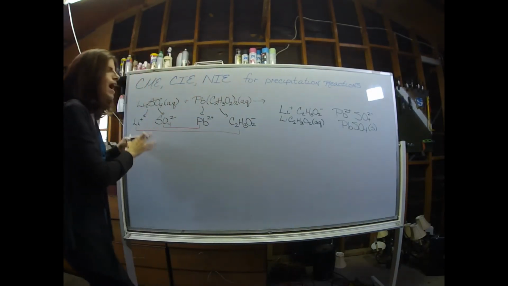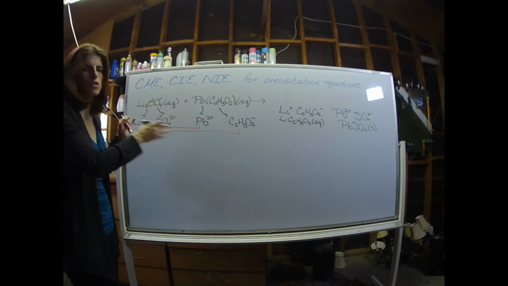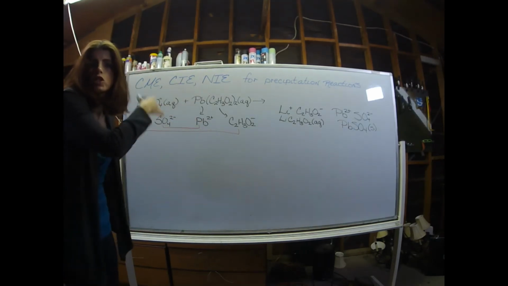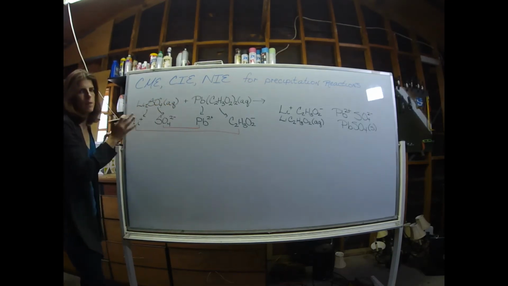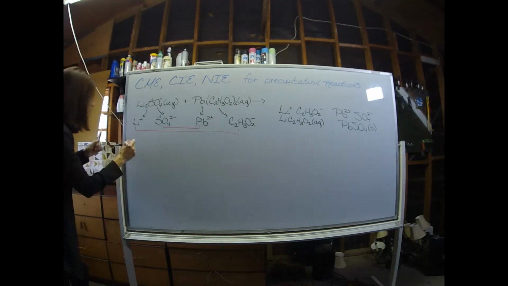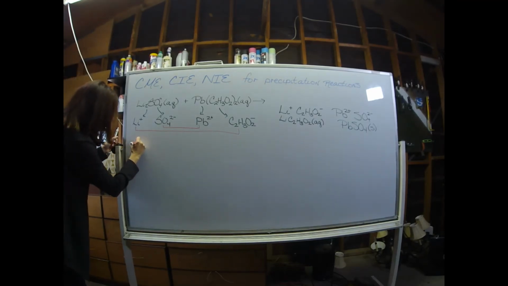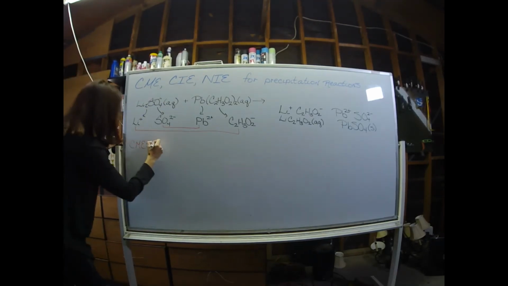All right, now that we have all the work done, and again, this isn't any of my answers, this is just a bunch of scrap work. Now I can start putting together my different types of equations. So I'm going to start with the CME, complete molecular equation. This part is going to be a copy job.